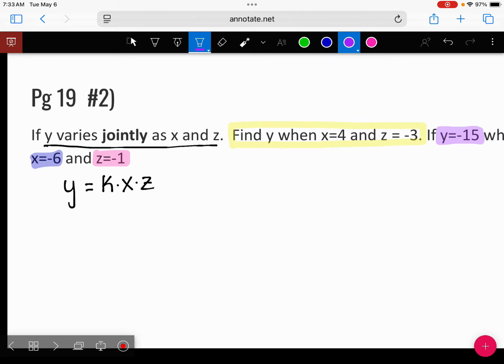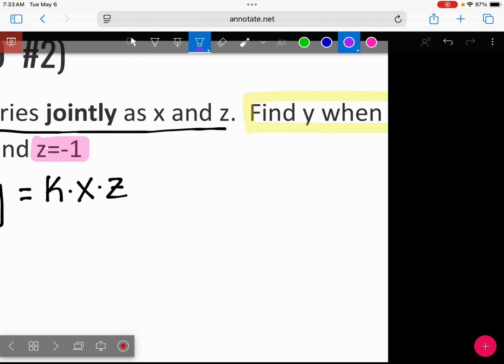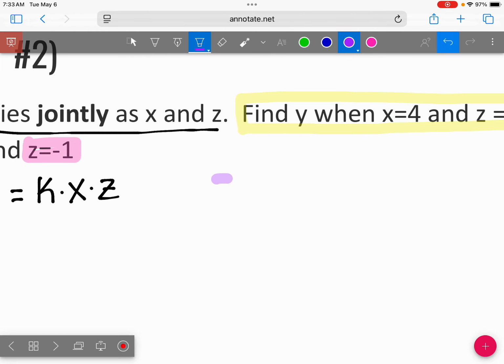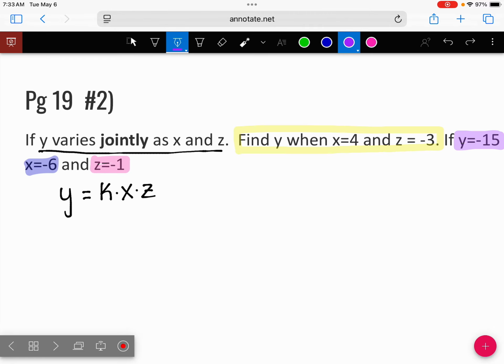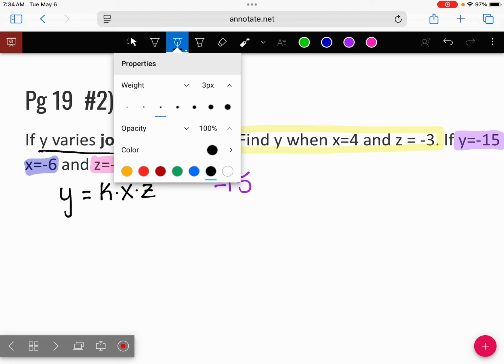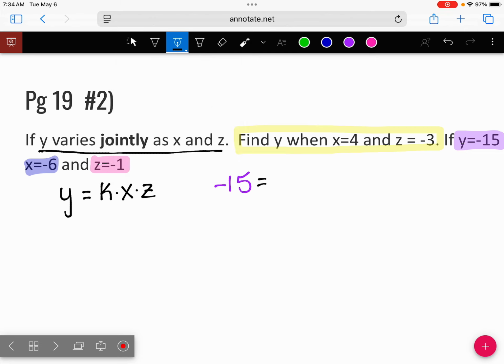So we know if y is negative 15, substituting the pieces in, it's going to equal some number, k, times our x, which is negative 6, times that z, which is negative 1.